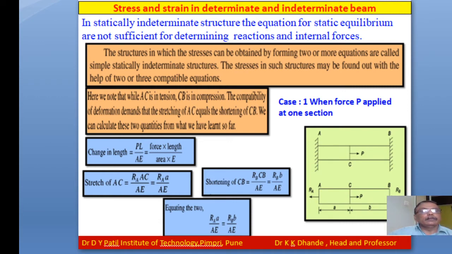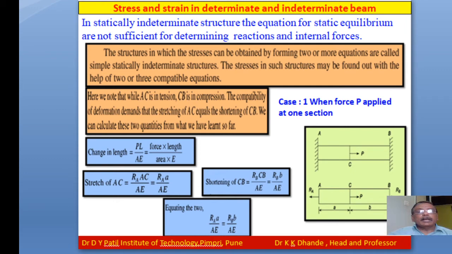That's why, according to this, change in length is equal to our basic equation we have seen previously, PL upon AE, where P is the force, L is the length of the bar, A is the area of cross section of the bar, and E is the modulus of elasticity.